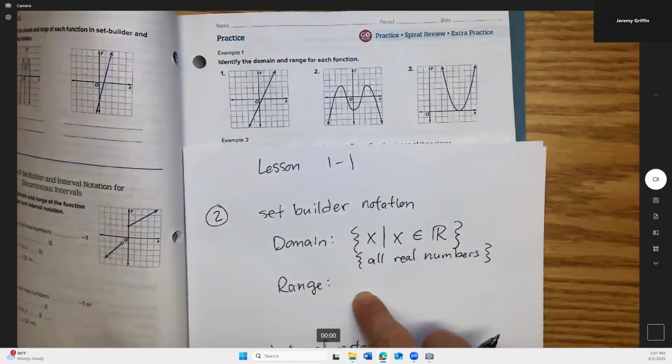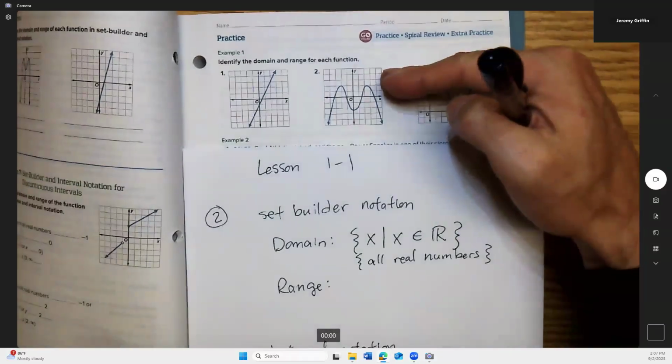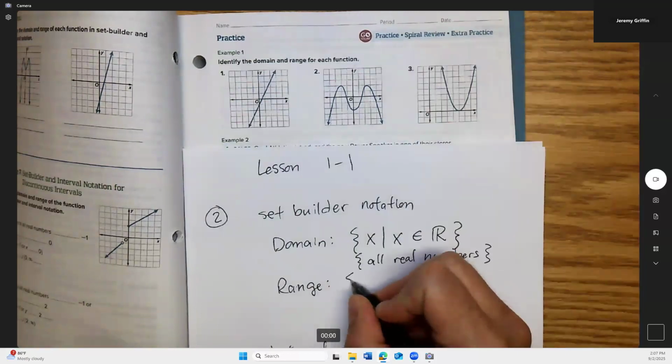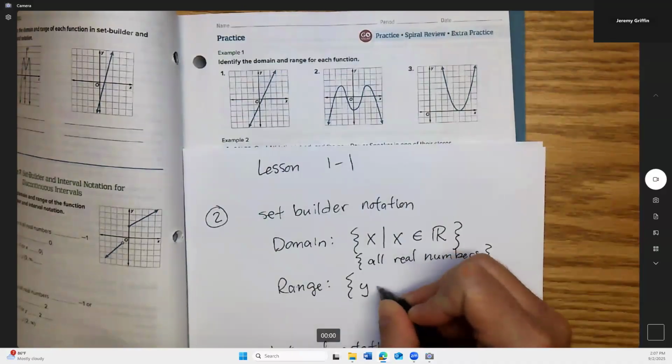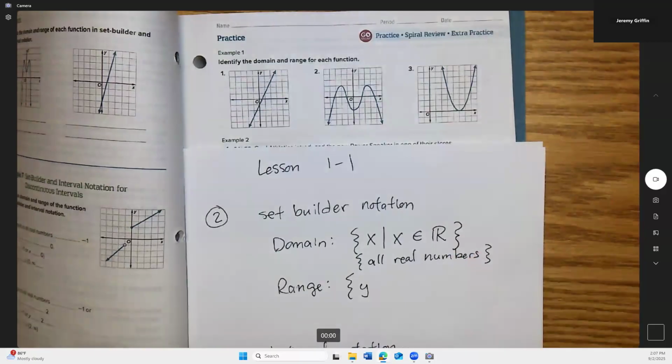Okay, and then for range. Now range, it only goes up to what? Yeah, 2. Right, so let's do curly bracket y. Here, how do you guys think you'd finish that off?